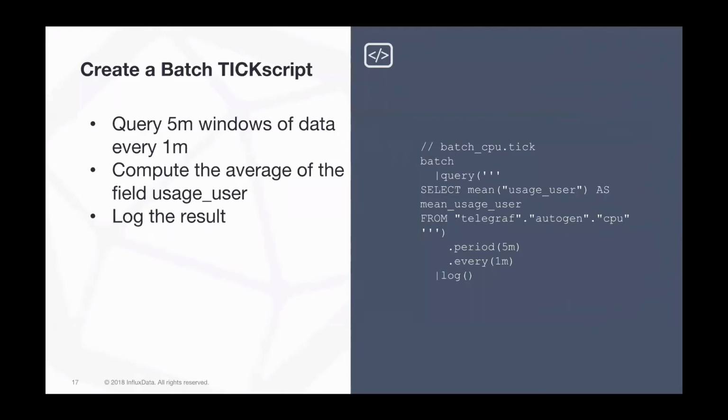That in and of itself is an InfluxQL query, if anyone's familiar with that. And then you're querying all of this data in 5-minute windows every 1 minute, and then after that you're logging the result. So this is still trying to achieve what the other stream task example was trying to achieve. It's just in a different way.